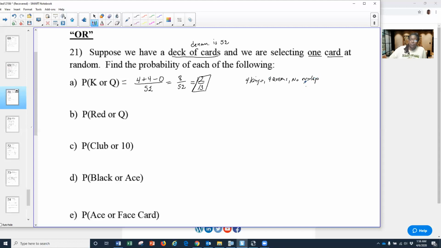So because there's no overlap, again, mutually exclusive events, all right? So you take this, add, right? Subtract the overlap. Let's try the second one.